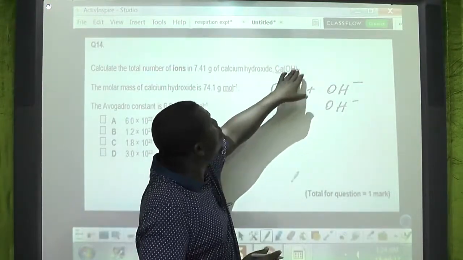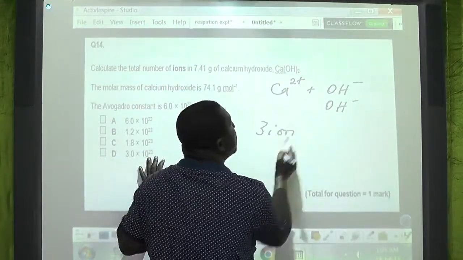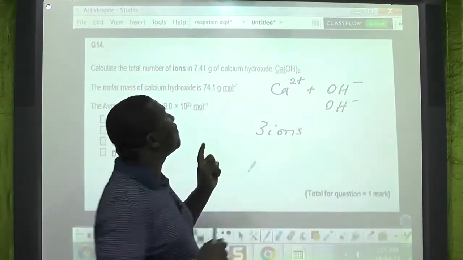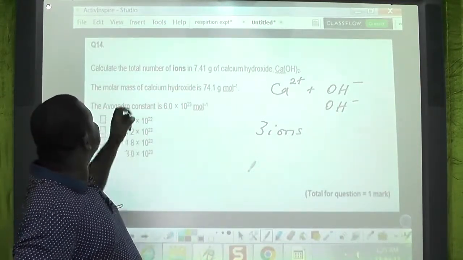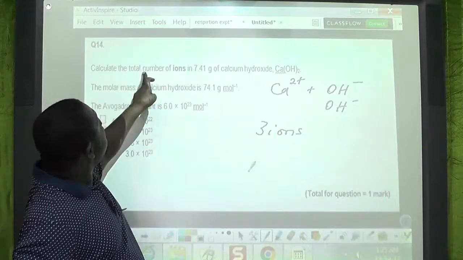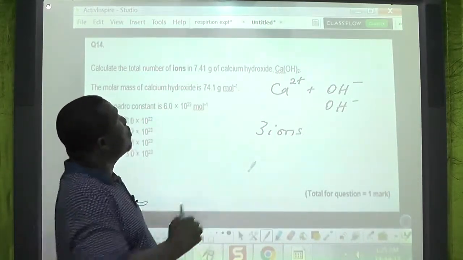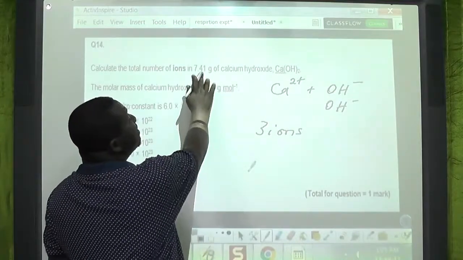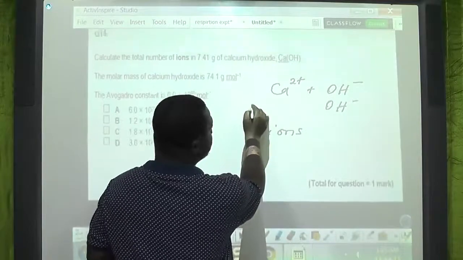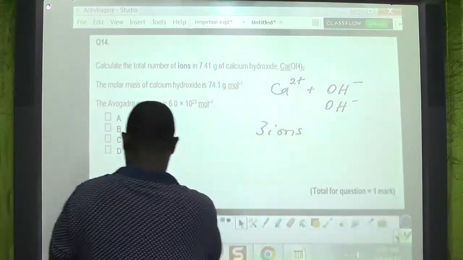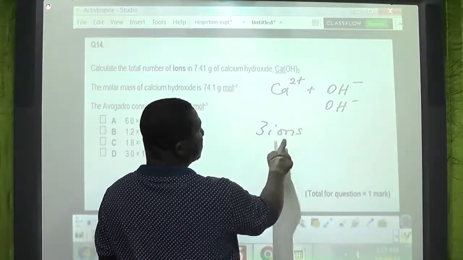So you have 3 ions in 1 molecule of calcium hydroxide. They said calculate the number of ions in 7.41 grams. So in 1 you have 3 ions.